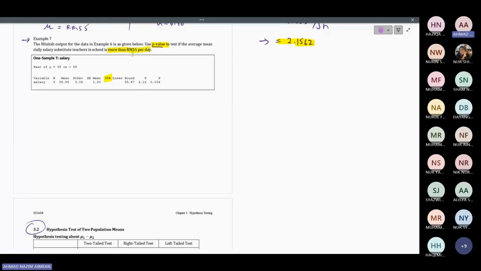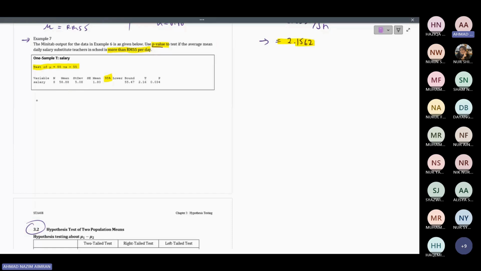Again, what is stated in the question is our alternative hypothesis: more than 55 ringgit per day. Or if you are confused, or maybe do not remember how to write the hypothesis, you can also refer to the output here. Test of mean is equal to 55 versus greater than 55.